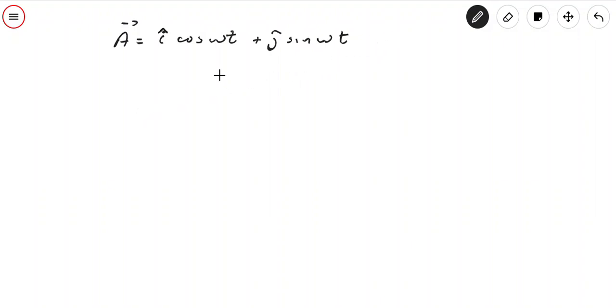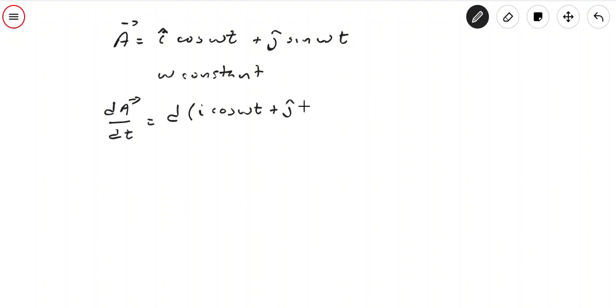So W is a constant, and when I now find dA/dt, this is the same as the derivative of i cosine of Wt plus j sine of Wt with respect to t.